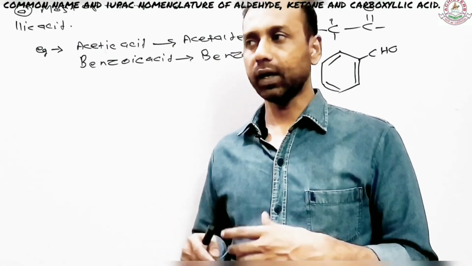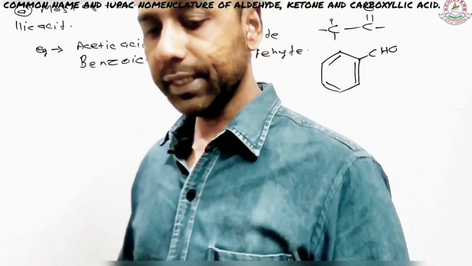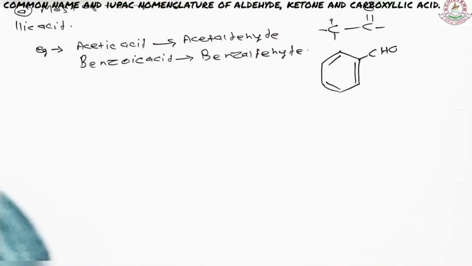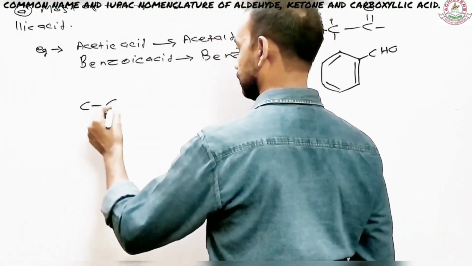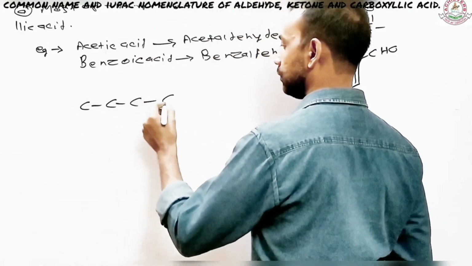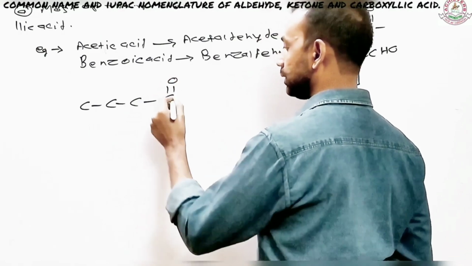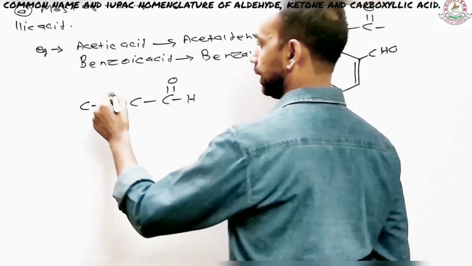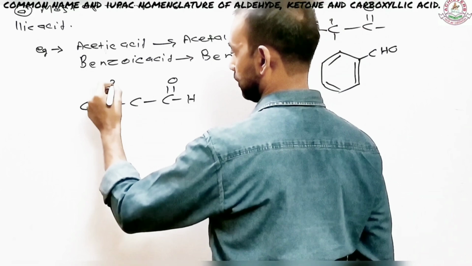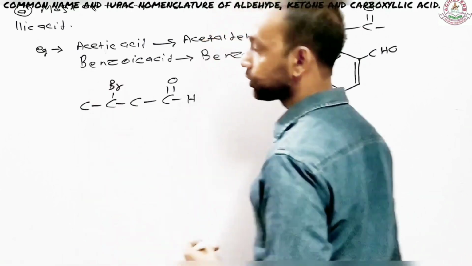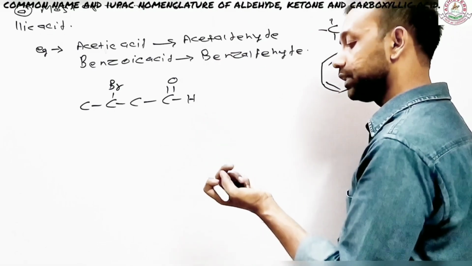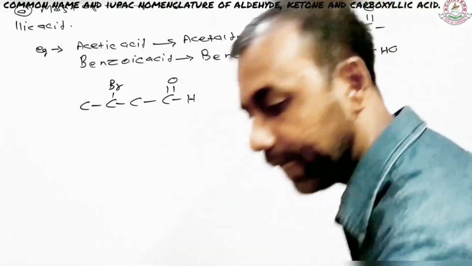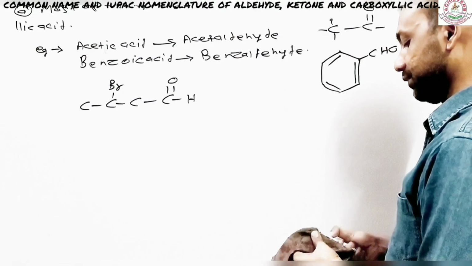I remember a structure where they had something like this: 1, 2, 3, 4. There you have an aldehyde group, and let's put some bromine here. I'm especially focusing on NCERT, so this is one of the examples I've seen in NCERT.